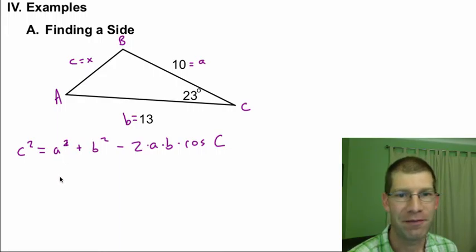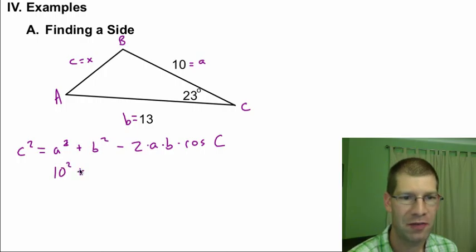So, alright. So c squared then is going to be 10 squared plus b squared, so 13 squared. And now it'll just be 2 times those two numbers, so 2 times 10 times 13 times the cosine of 23 degrees.